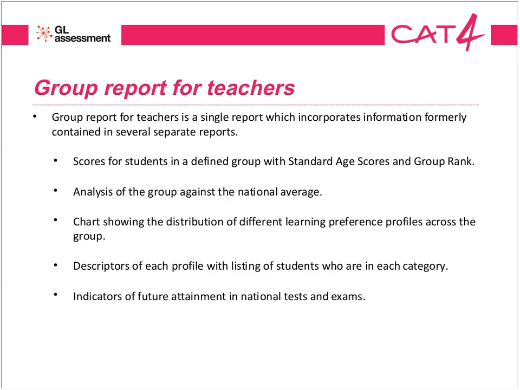So what we do is we place students along that continuum between a bias towards learning by verbal means and those with a more spatial ability. We certainly have retained all the indicators that many schools find very useful in the process of setting targets for their students. And that's all within the group report.